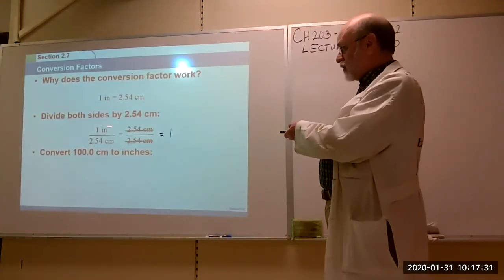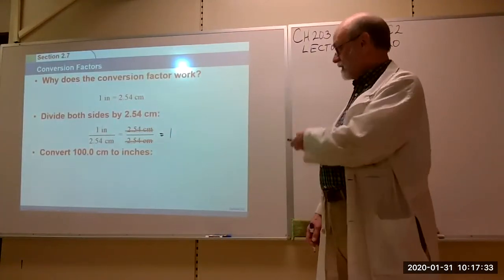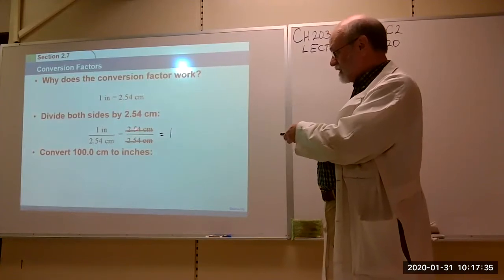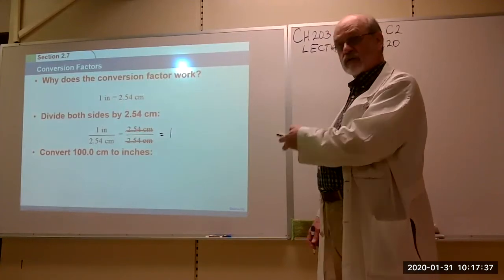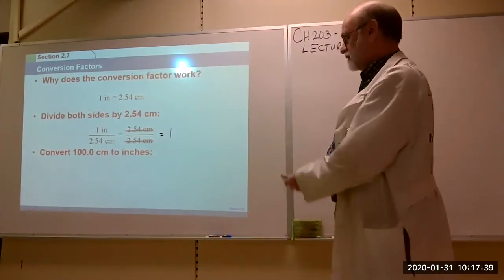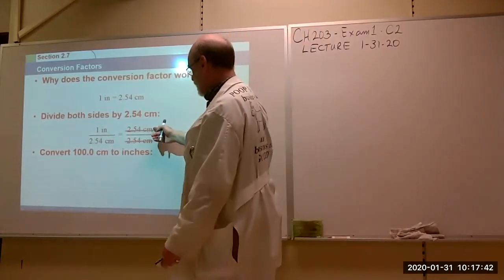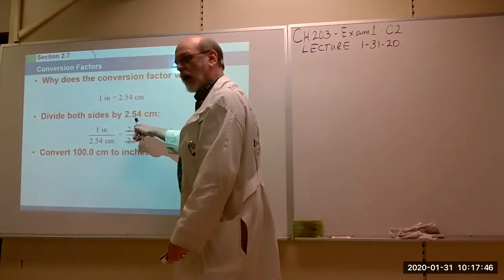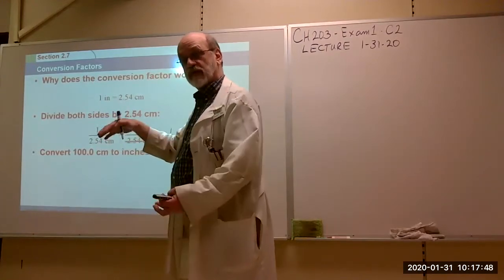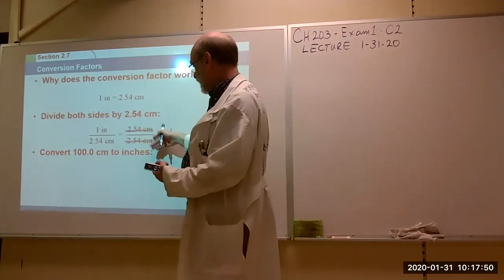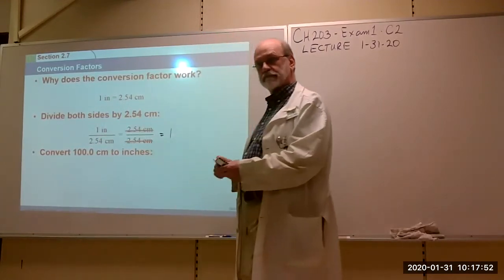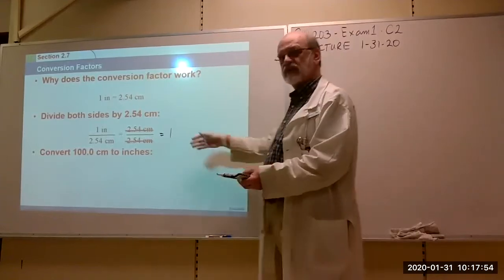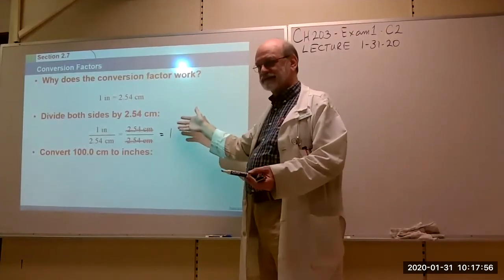Now, this ratio is equal to 1 because something divided by itself is equal to 1. It canceled these, and then the magnitude resolved into 1. 2.54 divided by 2.54 is 1. And the centimeters are gone, right? It's a dimensionless number equal to 1.